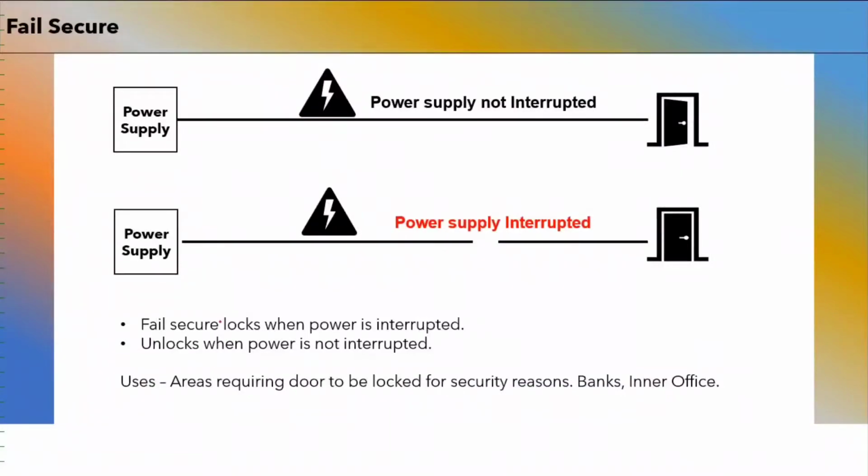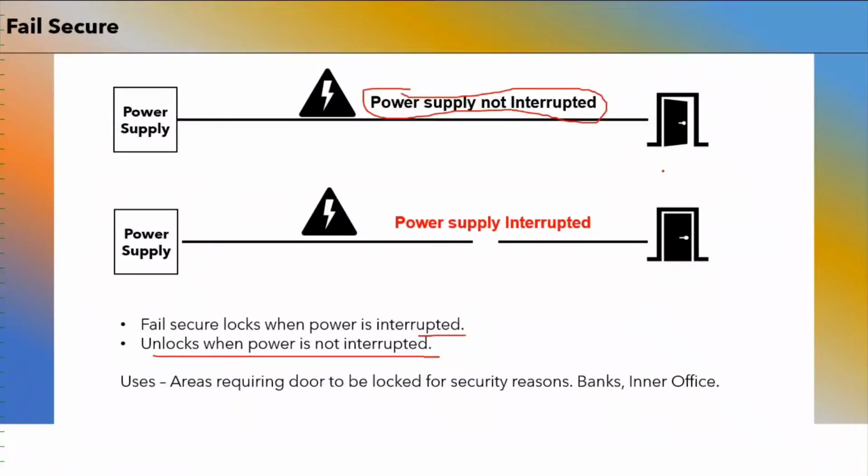And if we talk about fail secure mode, which is used in access control, fail secure locks when power is interrupted and it unlocks when power is not interrupted. So here there is a continuous power supply and the door is in an unlocked condition.